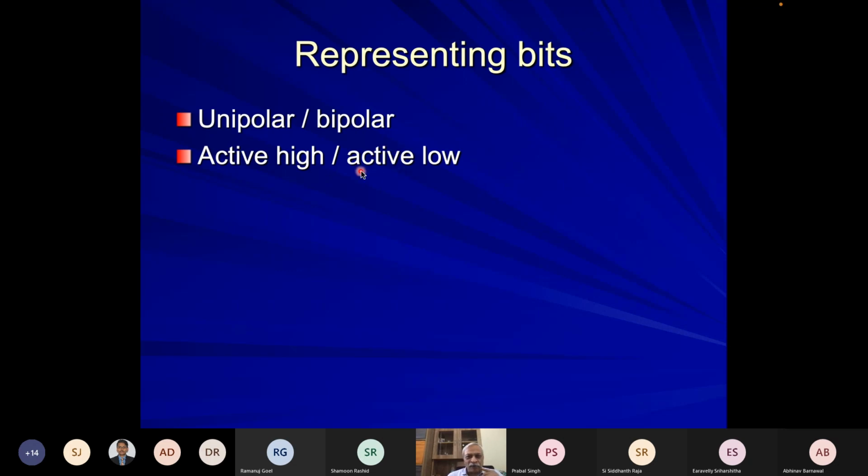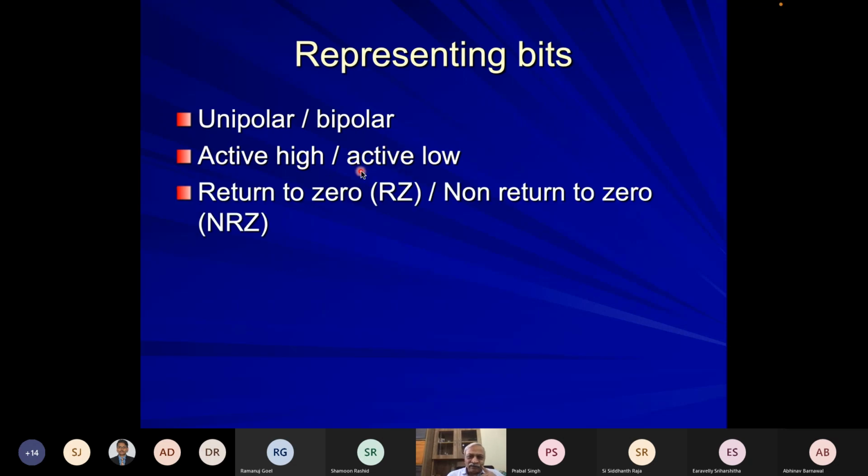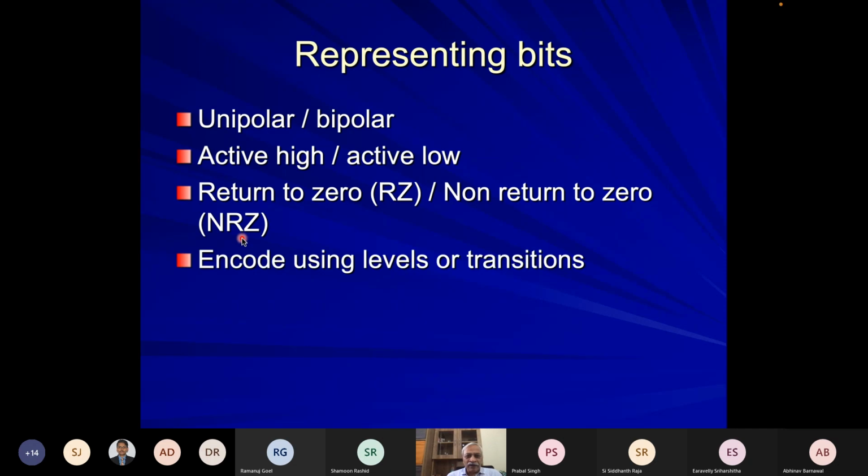That is called active low. You could have a convention which is called RZ or return to zero, or NRZ, which is non-return to zero. I'll show a little more detail of these. You could encode a signal using levels or transitions. You could be using one wire for carrying one bit stream, or two wires in a differential form.